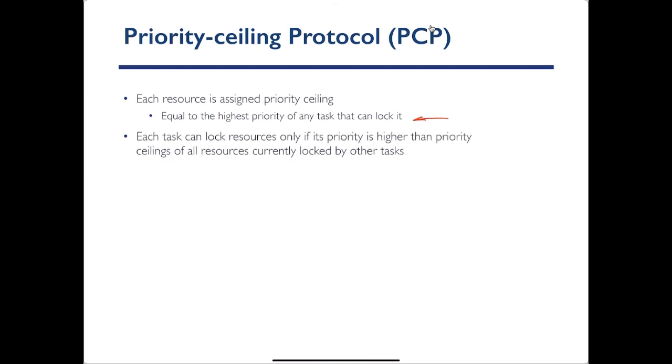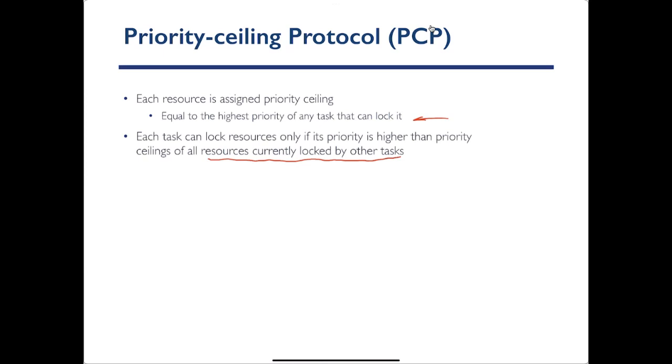That request gets denied. Of course, this has to be for only the resources that are currently locked by other tasks. So if you have a resource that is not locked by anyone, then you don't look at its priority ceiling.